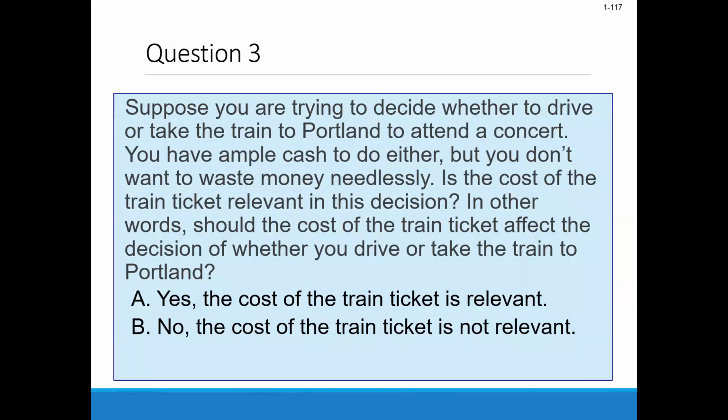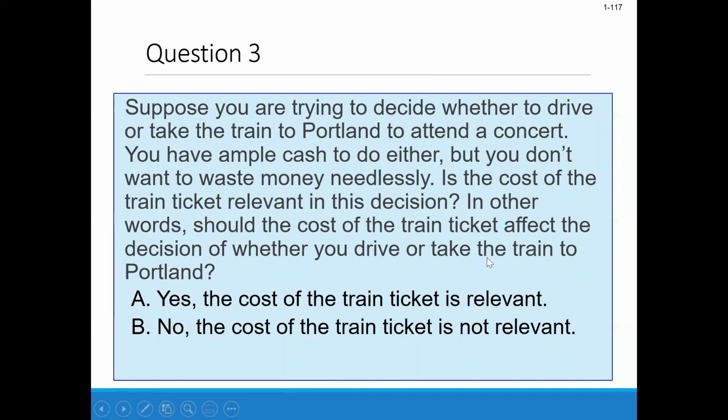Suppose you're trying to decide whether to drive or take a train to Portland to attend a concert. You have ample cash to do either, but you don't want to waste money needlessly. Is the cost of the train ticket relevant in making this decision? In other words, should the cost of the train ticket affect the decision of whether you drive or take the train to Portland?